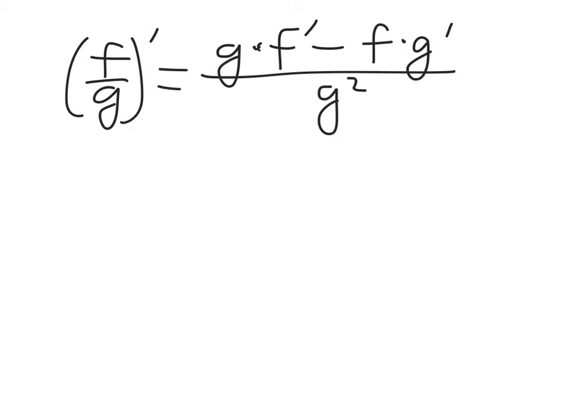Make sure you're squaring that bottom part. And again, this by itself, this is pretty straightforward, but then when we start throwing 2 or 3 rules embedded in themselves, it kind of gets a little more difficult. But those are your basic rules. I guess the other one we haven't talked about yet is the chain rule.